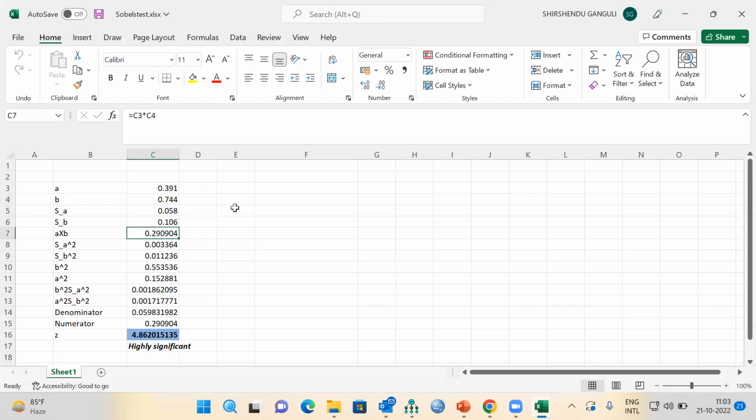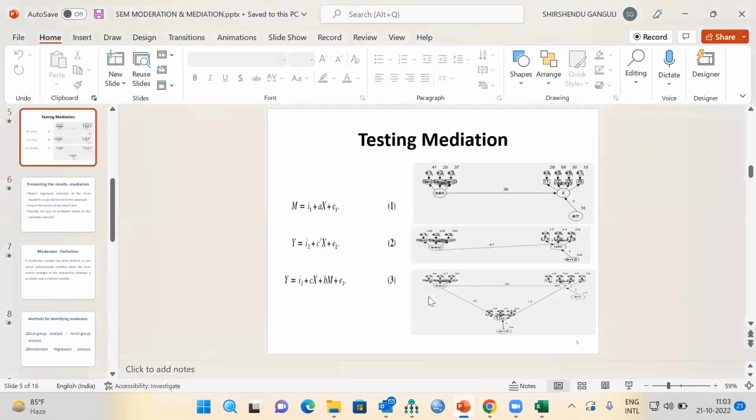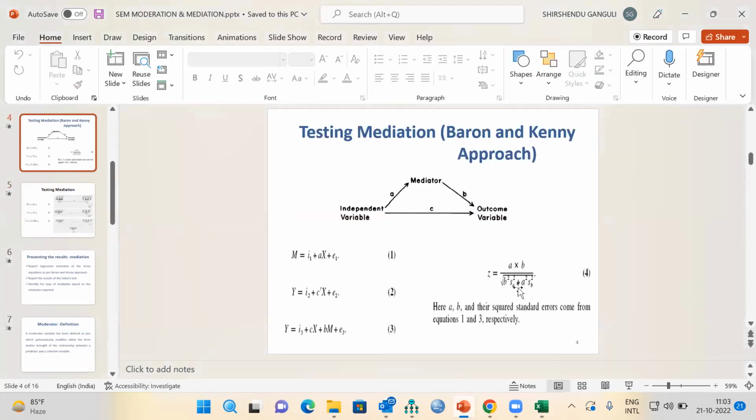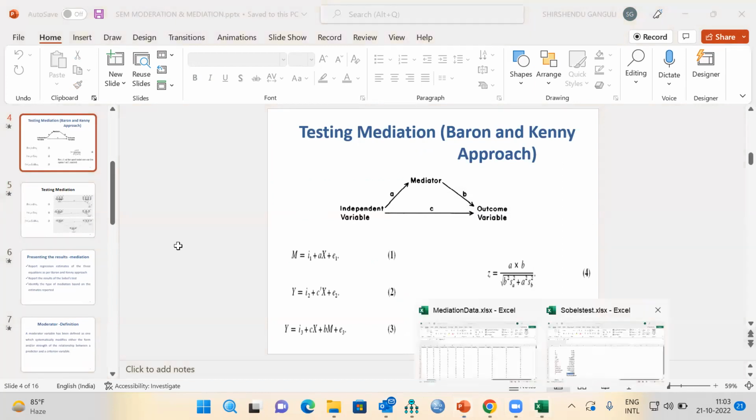So we get B into A, which is the numerator, and in the denominator, what do we have? B square into S_A square plus A square into S_B square, square root of that. That's exactly what we have calculated here.